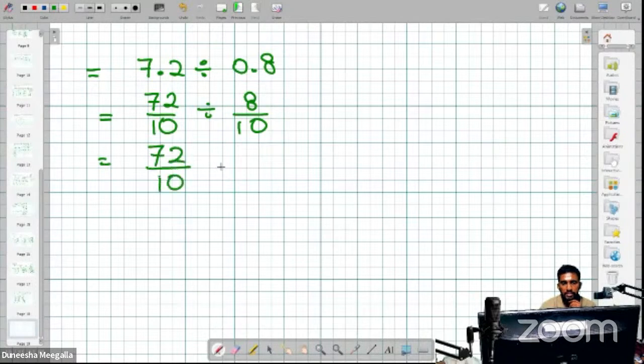You have to change the division mark into the multiplication mark. 10 over 8. We can divide 10 by 10. There is 1, there is 1. How many 8s are there in 72? Is it 9? Yes, sir.